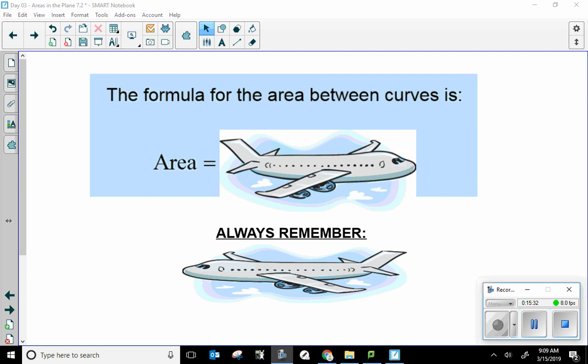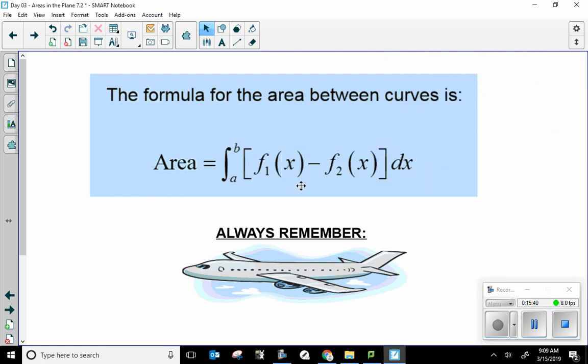So, in conclusion, or in summary, the formula for the area between curves is, oh, hopefully that's Jamaica. Anyways, I take my two functions and I subtract them, okay? Here's my upper bound, my lower bound, whatever it might be.